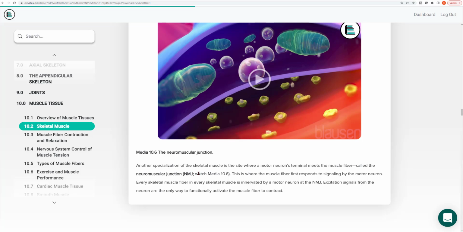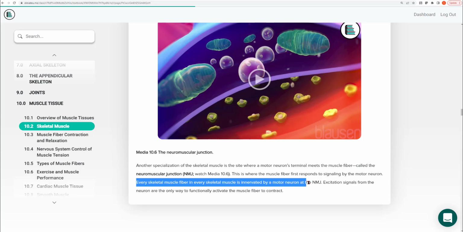Just know that where the muscle cell and the nerve cell come together, that's called the neuromuscular junction. I think it's really cool to think that every single muscle cell in your muscle is innervated by a motor neuron.